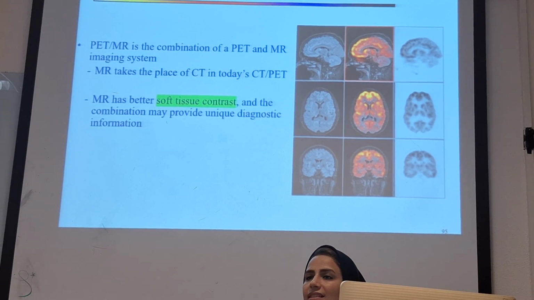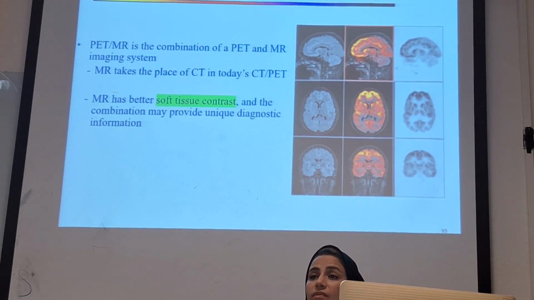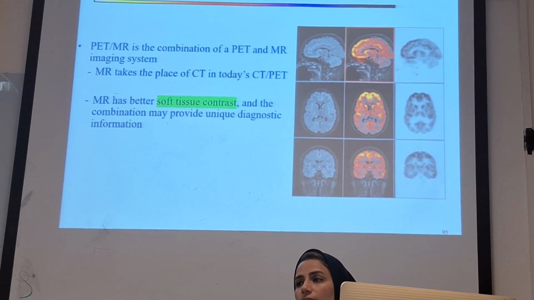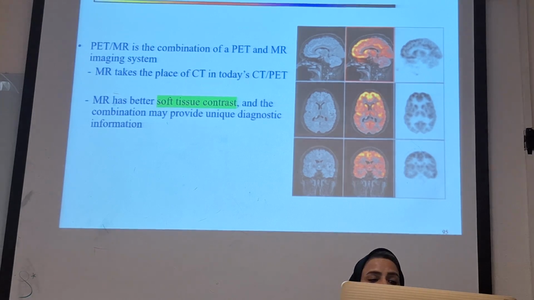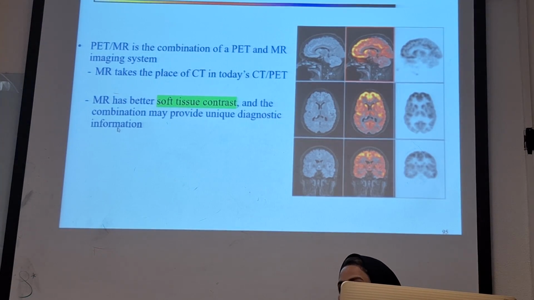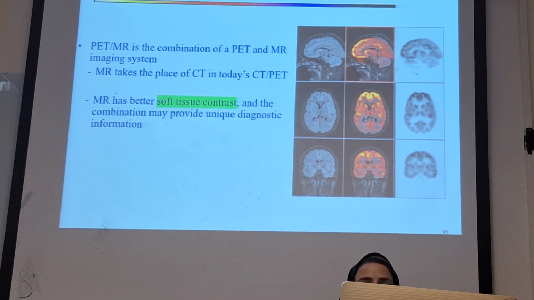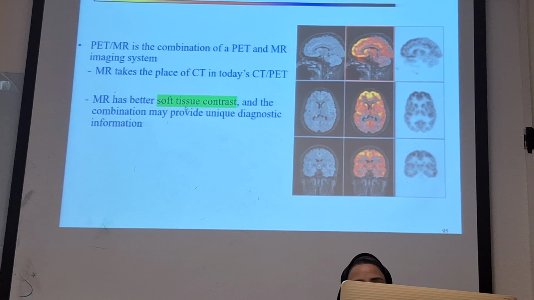But in the CT scan, we have more contrast in the bones, not the soft tissue. Yeah? This is one of the big advantages of the MRI over the CT scan. Related to this advantage, they combine PET and MRI to receive better soft tissue contrast.